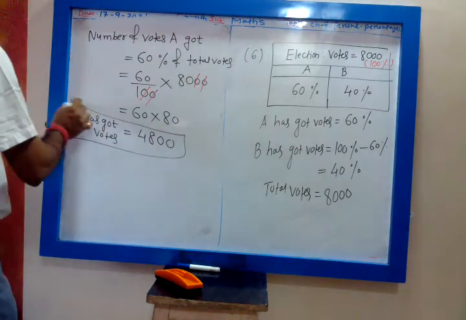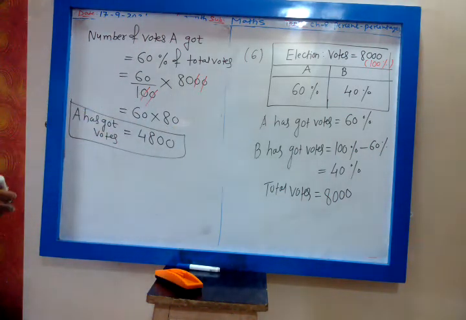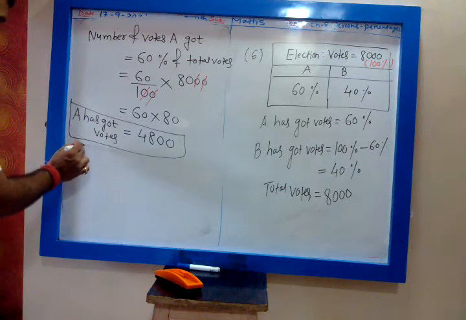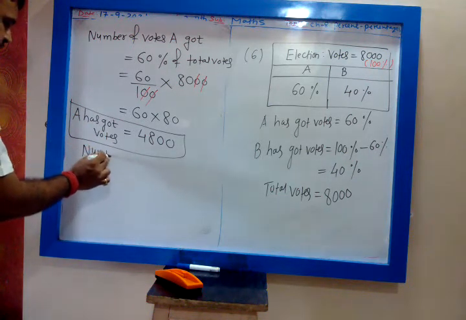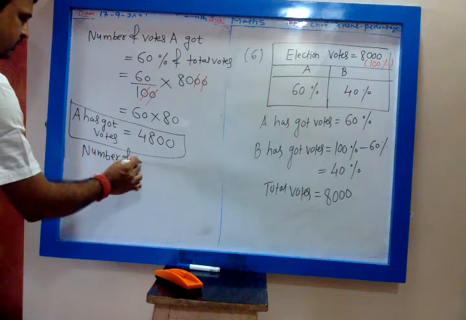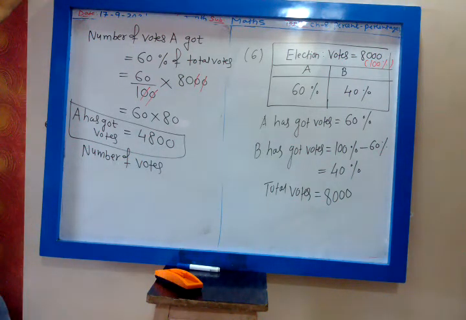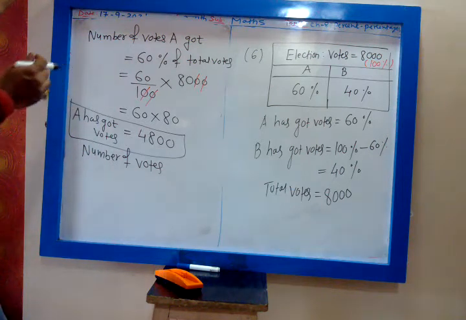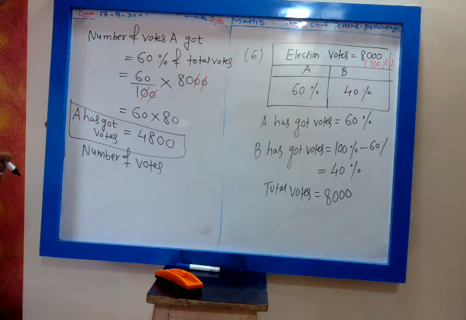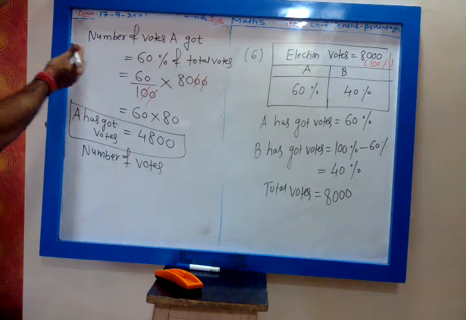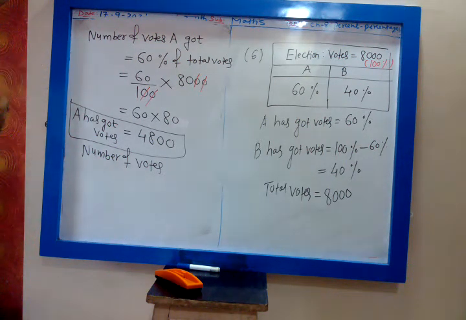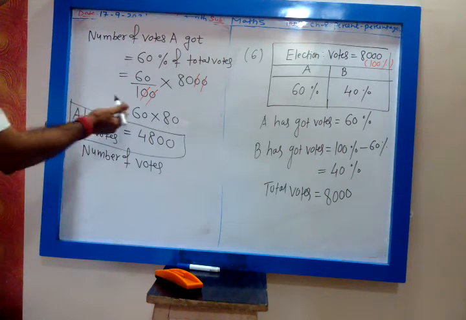Now similarly you have to find the votes B has got. 4,800 only I have written, my dear. Where have I written 50? I have written 60 only. 60 into 80 it is.